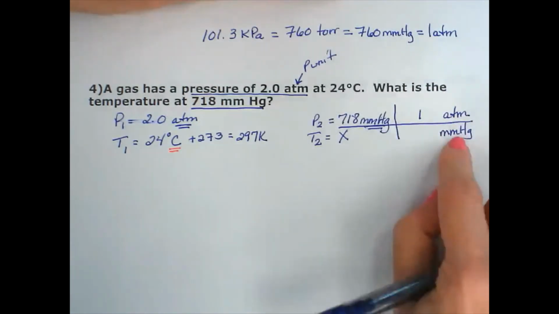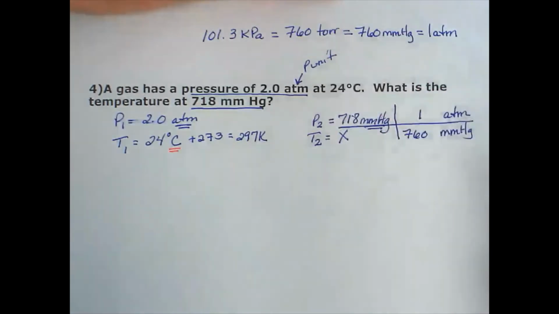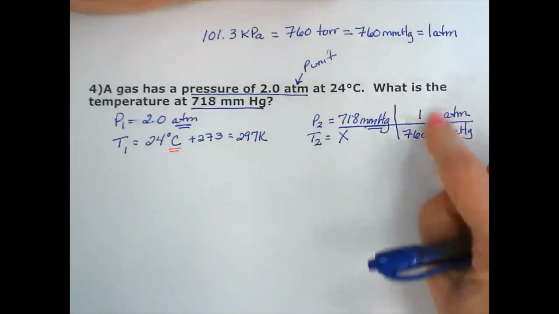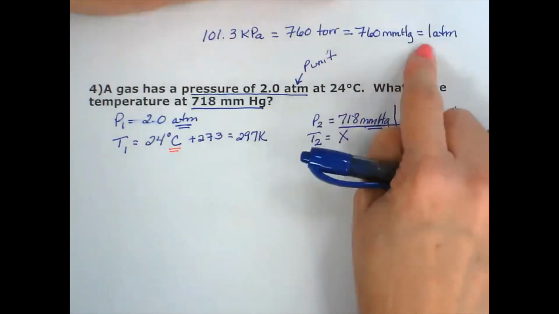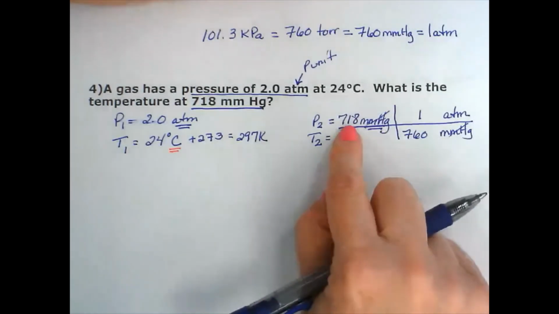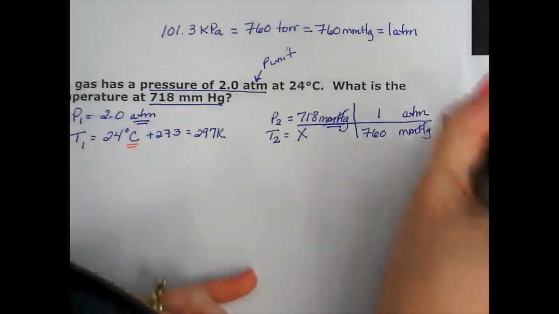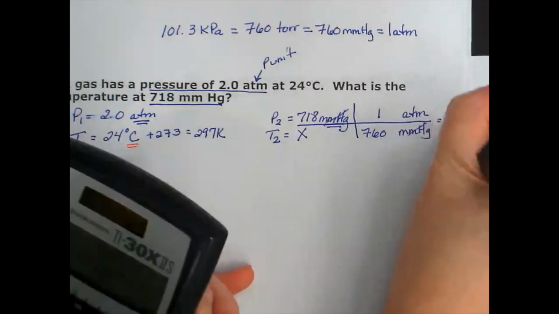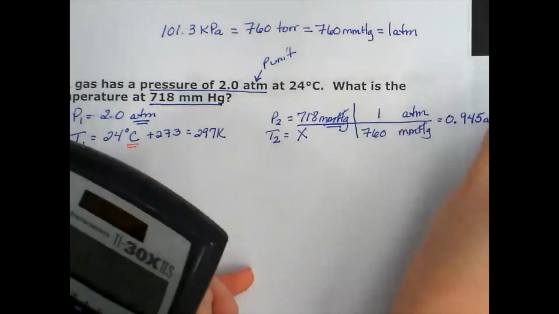And for the millimeters of mercury, I'm going to put down 760. Because remember, in our conversion factor, the numerator and the denominator have to equal each other. I can see they're equal to each other right here. We cross out the units. I can see I need to divide 718 by 760. And that's going to equal 0.945 ATM.